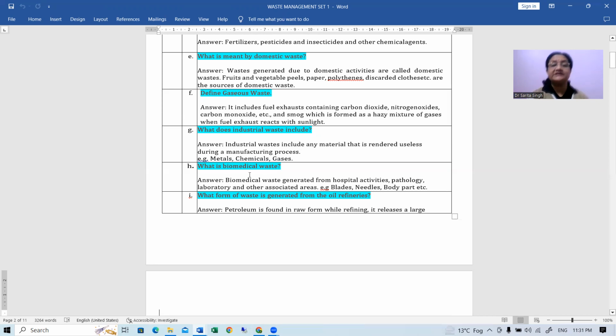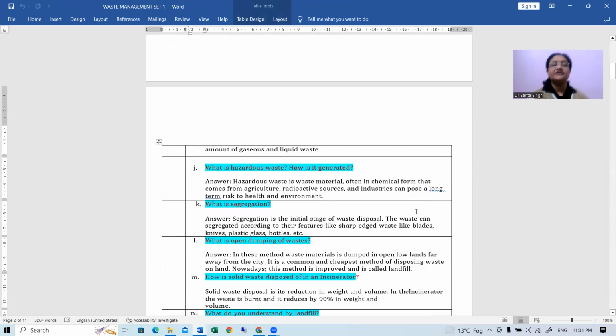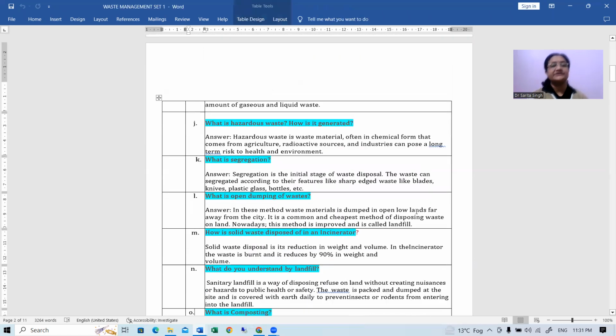Then, what form of waste is generated from the oil refineries? Petroleum is found in raw form while refining. That means it actually releases a large amount of gaseous and liquid waste. Okay. Next is, what is hazardous waste? Hazardous means which is very harmful. And how is it generated?